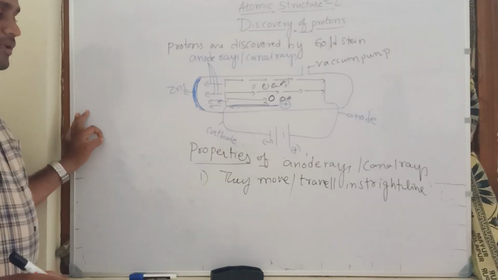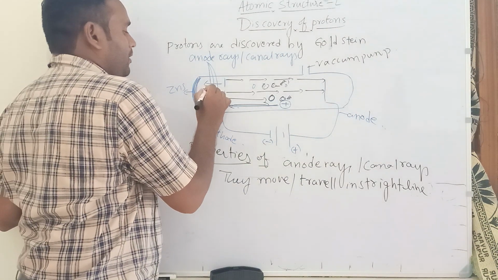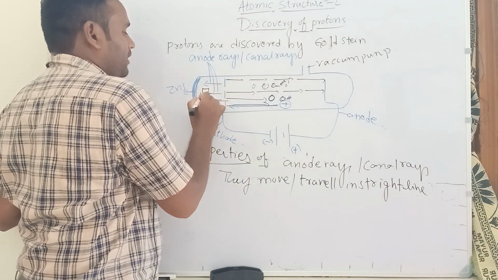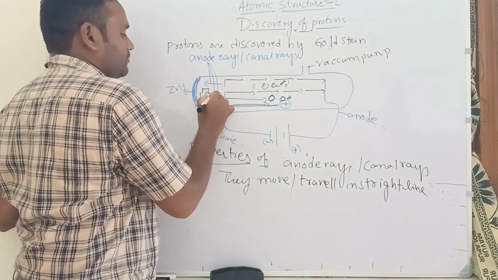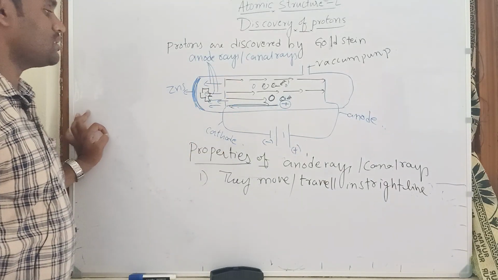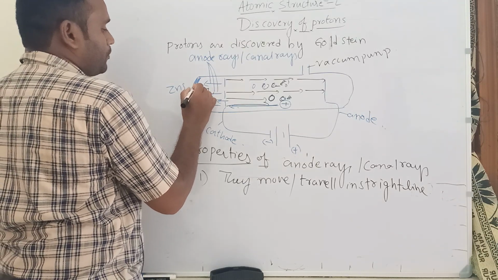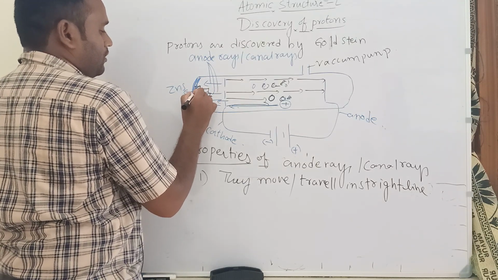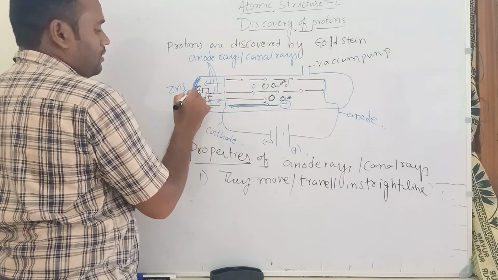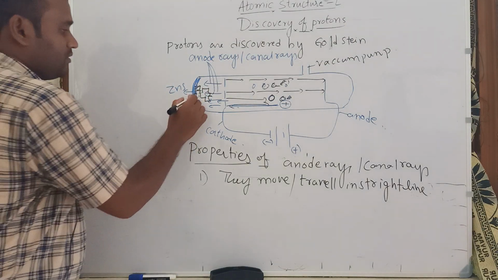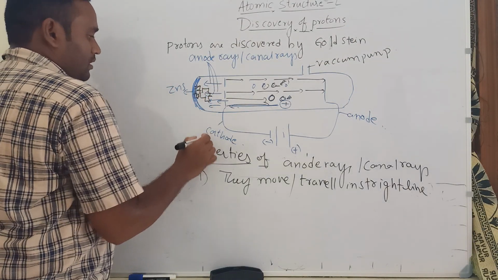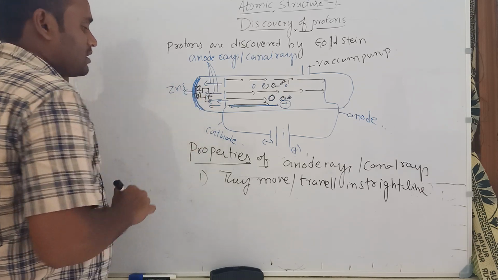How can we say they are moving in a straight line? Because when you keep a thick metal plate in the path of these anode rays or canal rays, they produce an image of this metal object on the zinc sulfide screen.